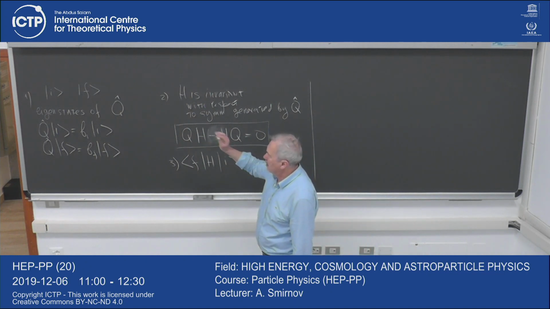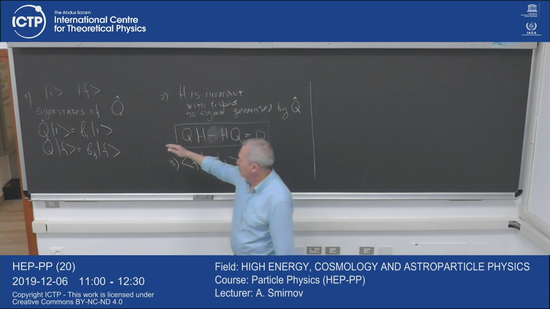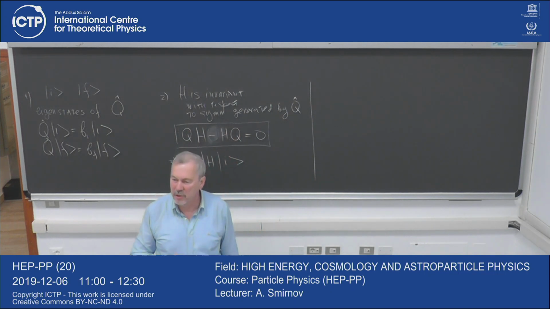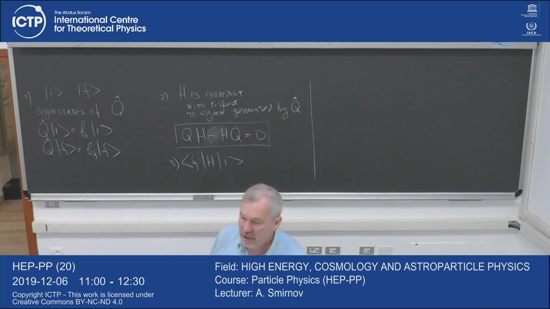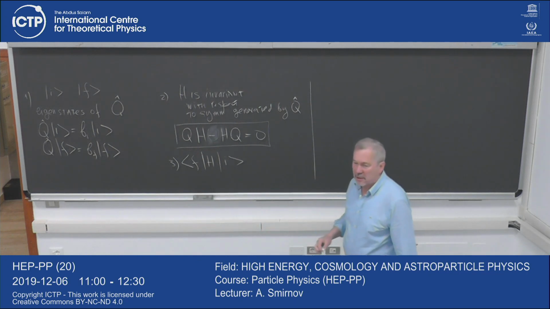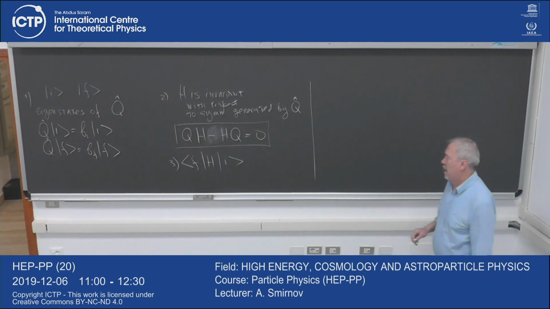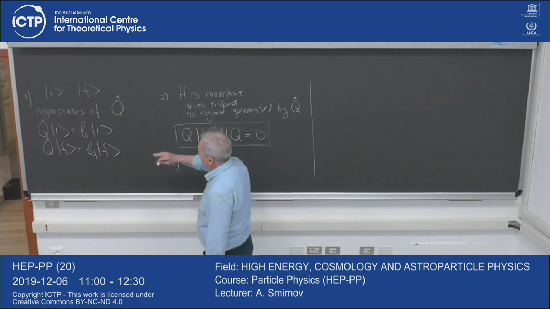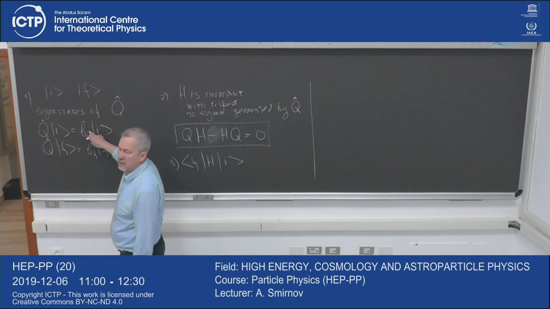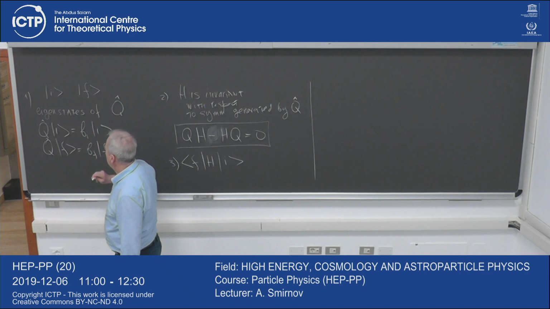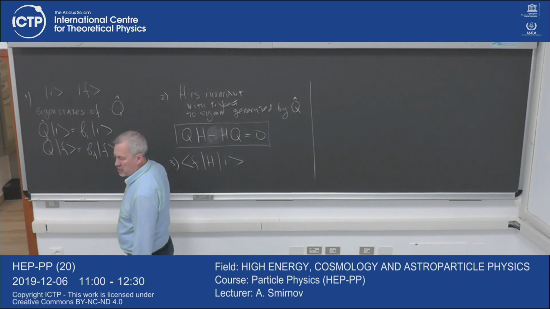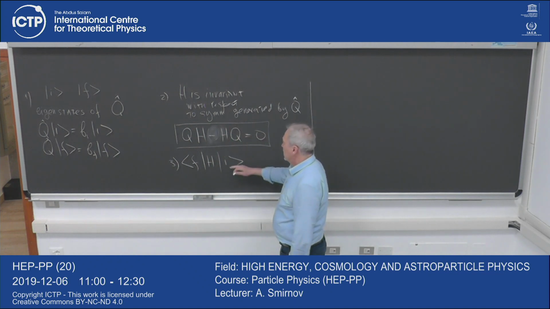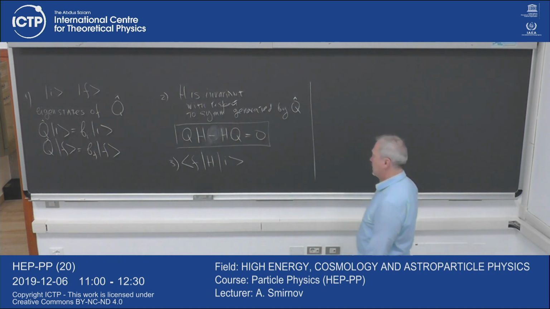I and F are eigenstates of Q with eigenvalues bI and bF. So Q can be isospin, for instance, the third projection of isospin, or electric charge, or some other characteristic, strangeness, etc. These states I and F have certain eigenvalues with respect to Q. The Hamiltonian is invariant, and then we are exploring the property of this matrix element.